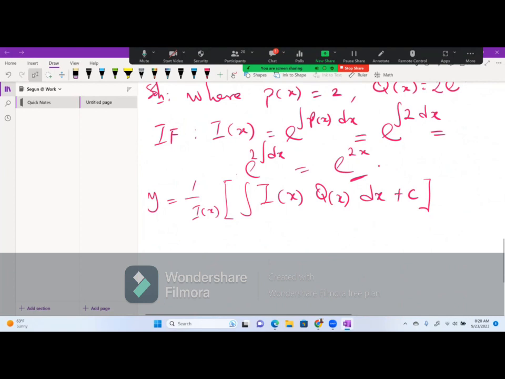What is our I of x? We know our Q of x. Substitute them. I of x is exponential 2x. Do you agree with me? Then we have exponential 2x multiplied by 2 exponential x, dx plus c.